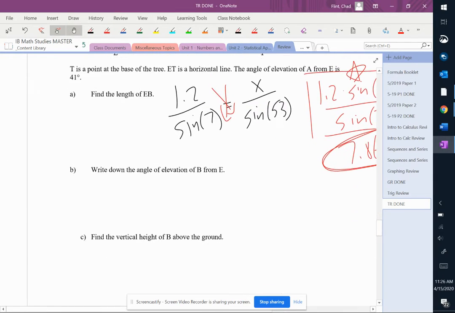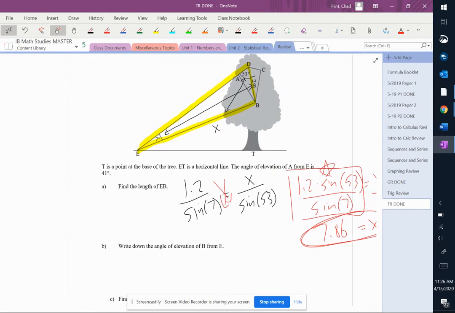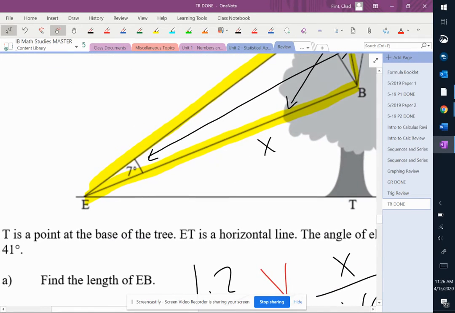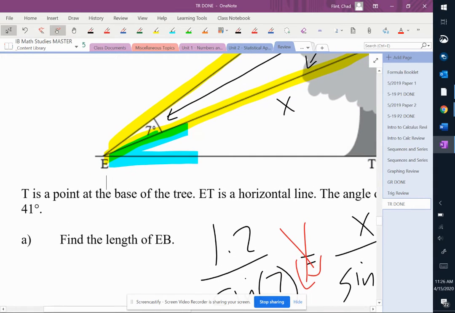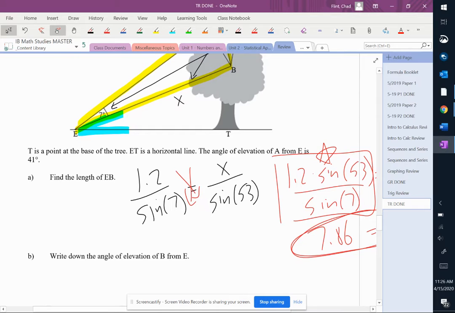All right, so now this next one, find the angle of elevation from B to E. The angle of elevation is going to be this angle right here. Now, normally we wouldn't be able to figure this out, but it says in the beginning here, the angle of elevation from A to E is 41.